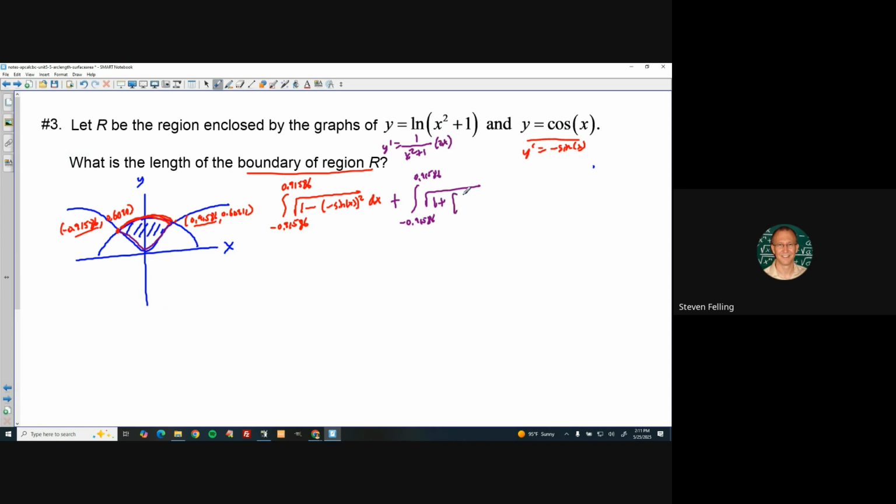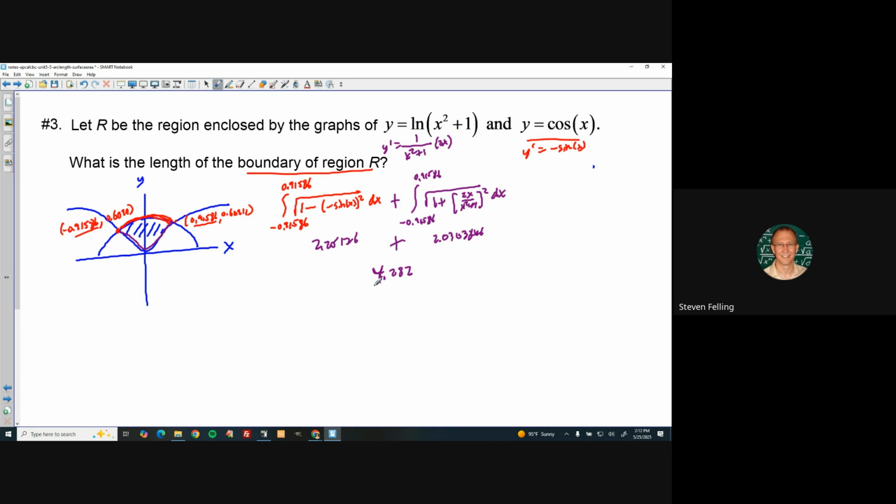So we're going to have 2x over x squared plus 1 in there for that derivative that's being squared. And if you were to evaluate this out, this ends up being 2.030386 or so, and this one ends up being 2.25176 or so. So when you add them together, you end up getting 4.282 when you round finally to 3 decimal places.